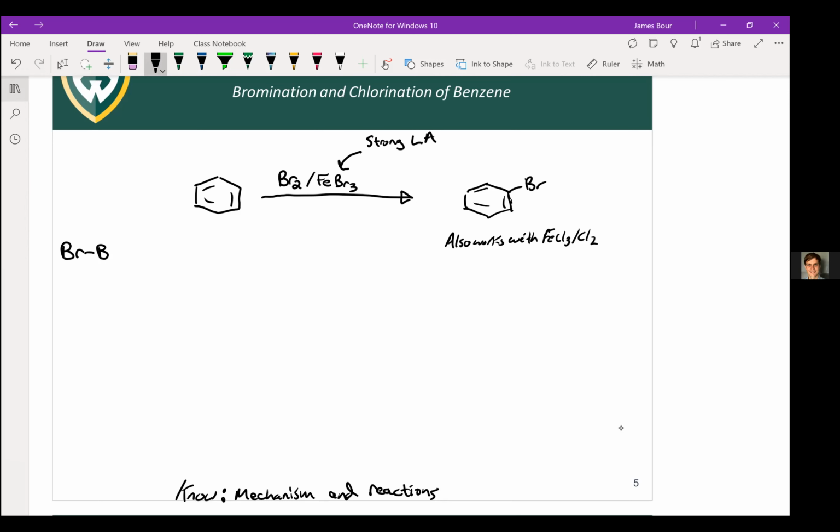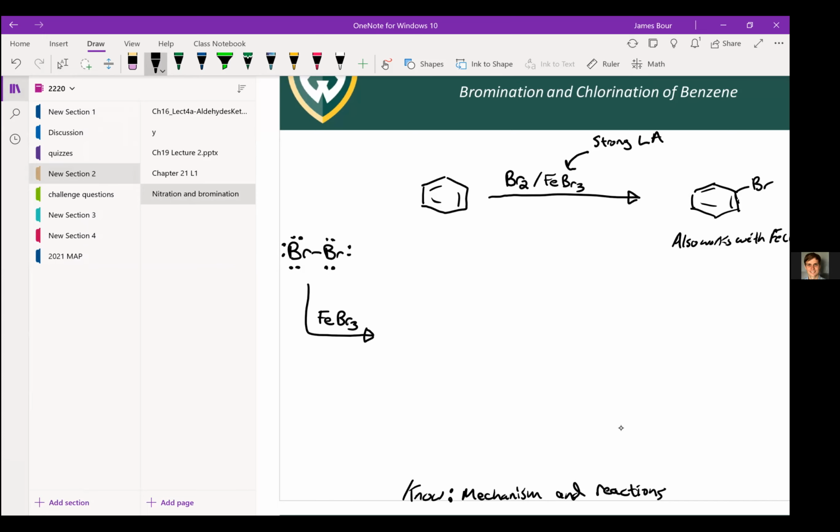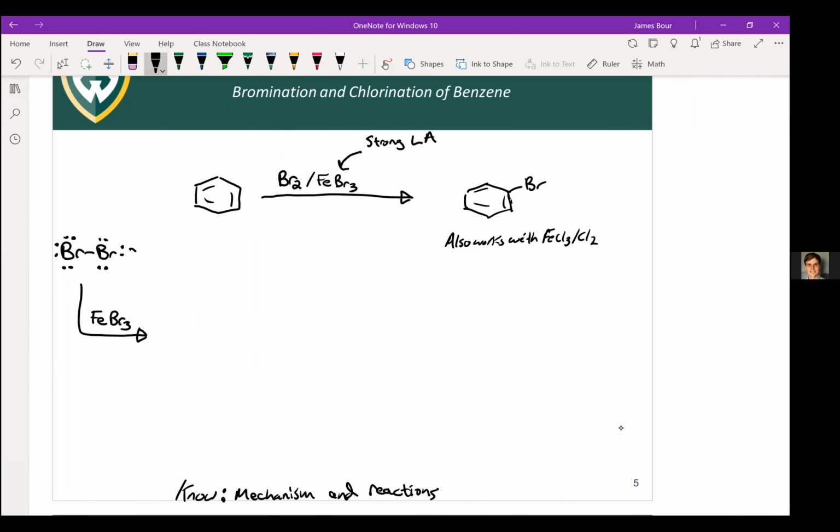So our halogen species looks something like this. If we draw our Lewis structure, we'll see that there are lone pairs on our bromines. Each has 6 respectively. And what happens is our iron tribromide acts as an electrophile. And remember, the arrow starts at our electrons.